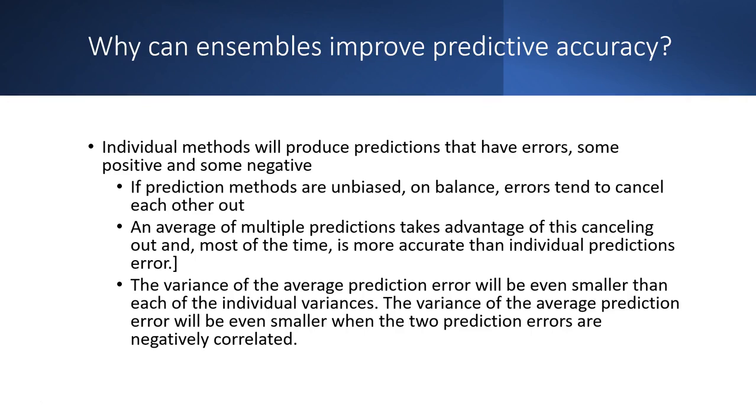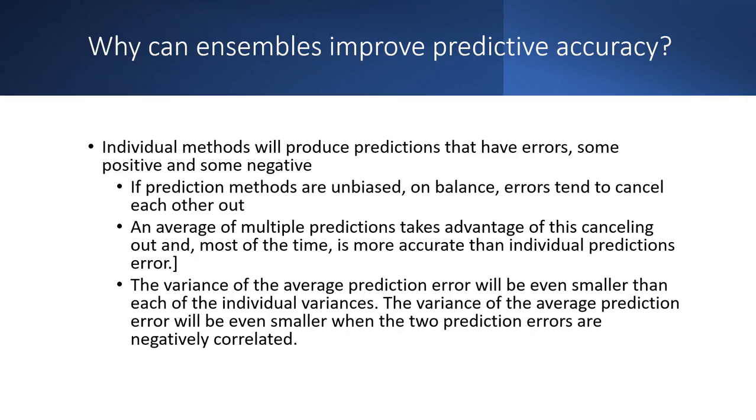Suppose that each model produces prediction errors that are on average 0. If our prediction methods are unbiased, we can take the average of two predictors and the expected mean error will be 0. Therefore the ensemble will have the same mean error as the individual models.